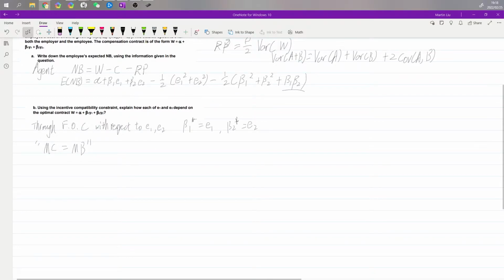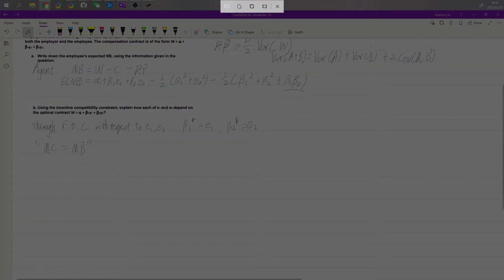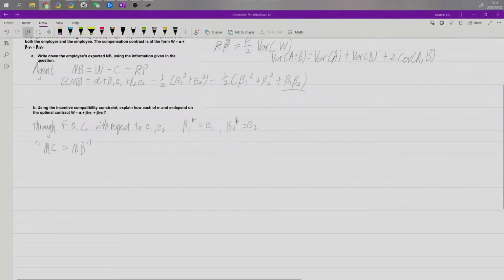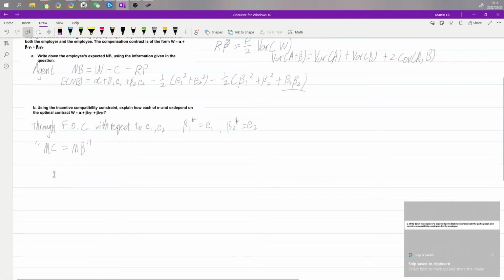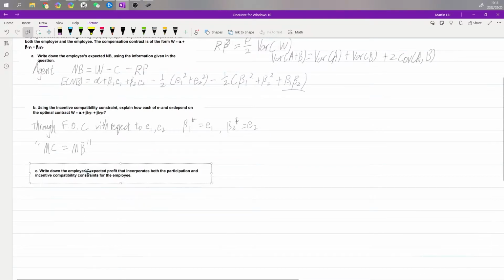And part C. Part C asks you to write down the employer's expected payoff. So now we are going to the employer's part. Whenever we are doing the employer's part, once again, we start with the expected payoff or expected net benefits for the principal.